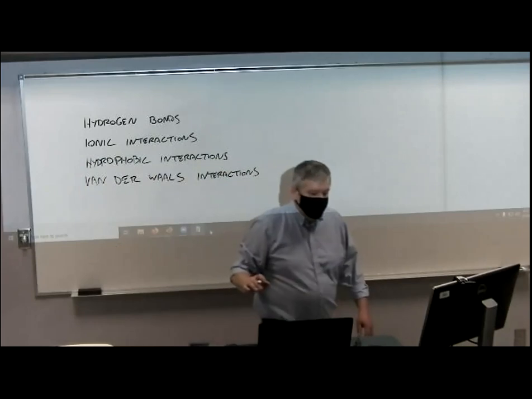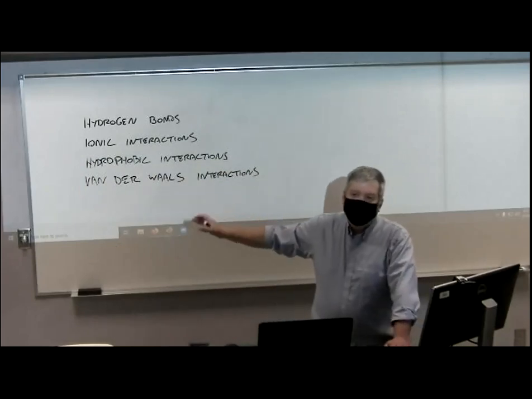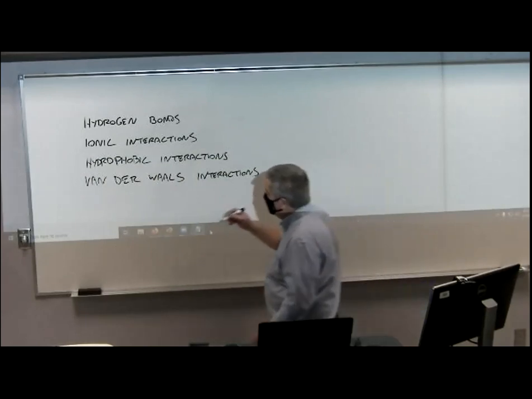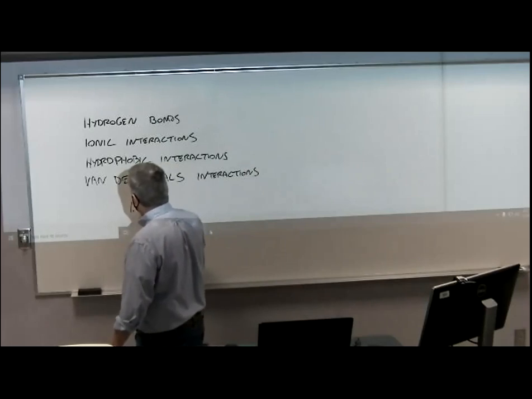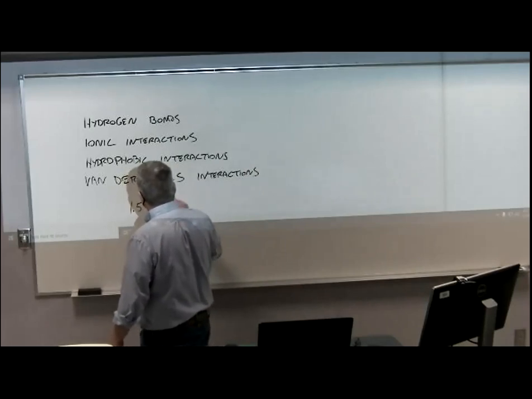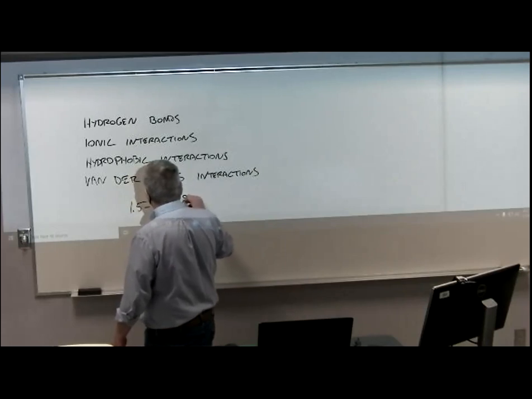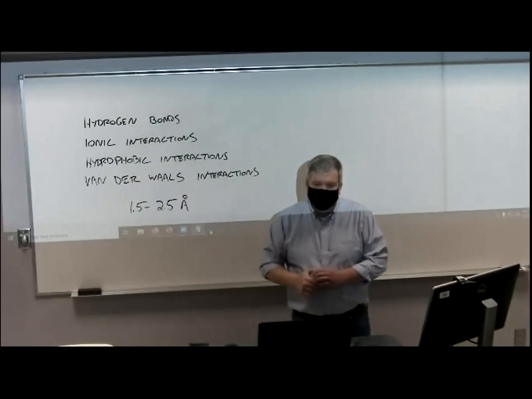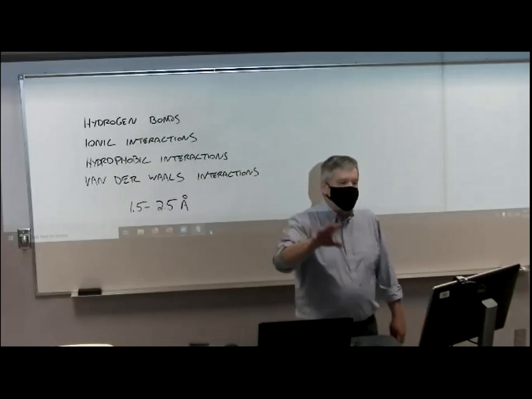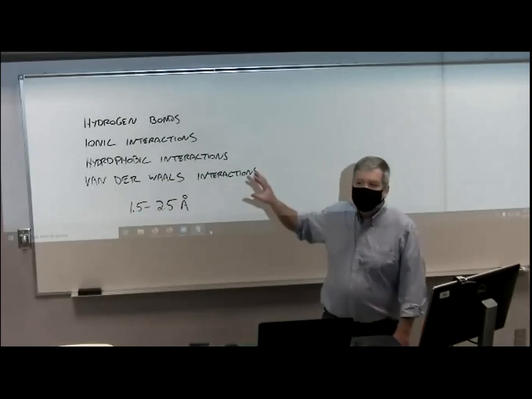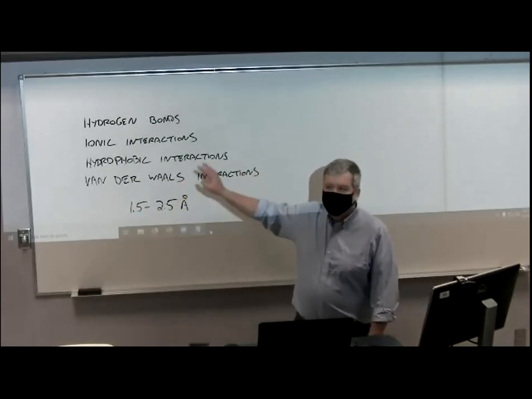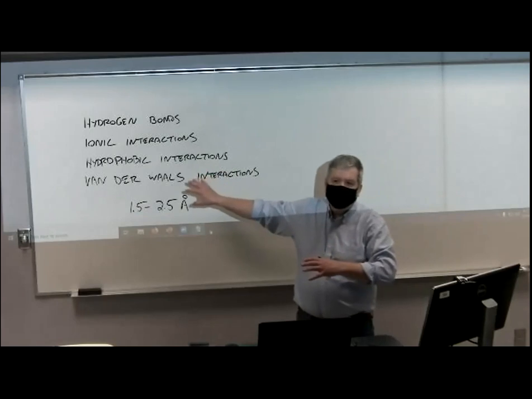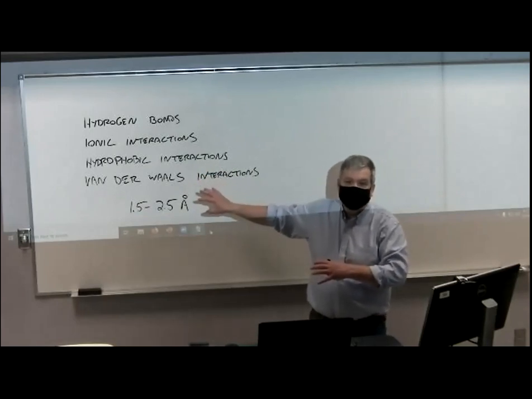Now, it's important to note that these types of weak chemical interactions act only over very short distances. We're talking generally between about 1.5 to 2.5 angstroms. So it's important that the active site be very complementary to the shape of the substrate in order to bring proton donors and acceptors, positive and negative charges, in close enough proximity that these weak molecular interactions can come into play.